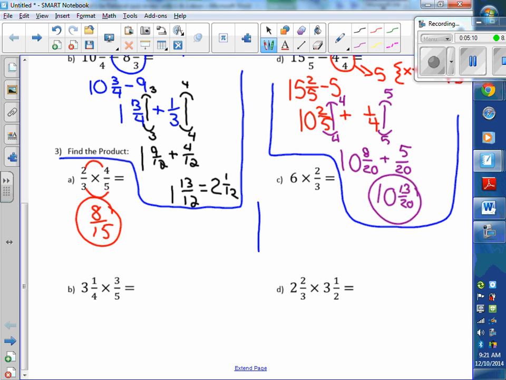So we have, well, we don't need much fancy stuff there either, just 6 over 1, right? So 6 times 2 is 12. 1 times 3 is 3.